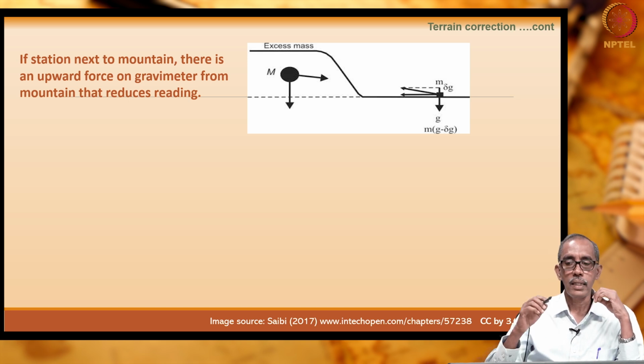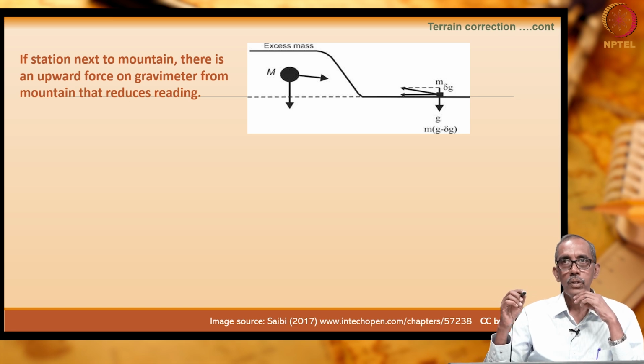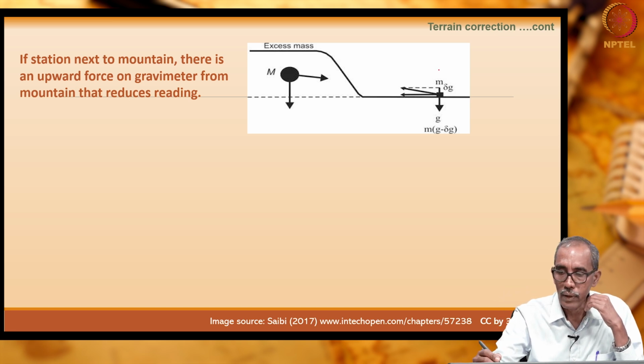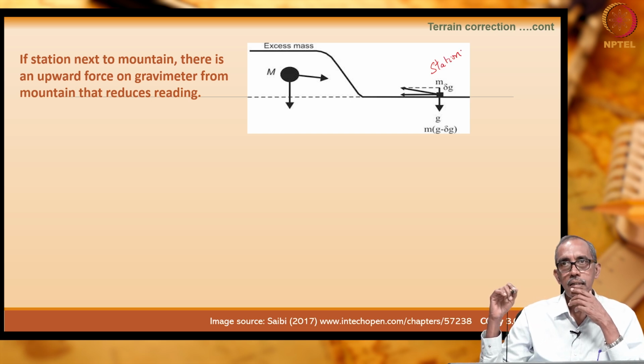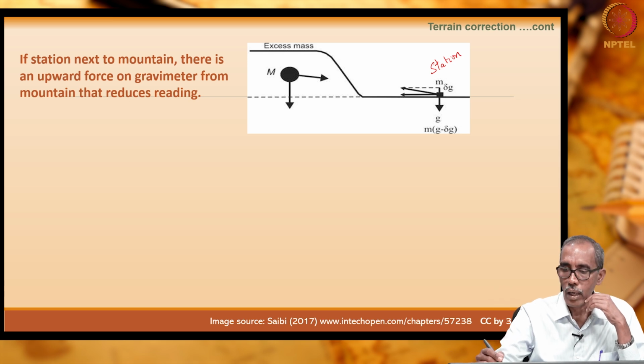Imagine a station is next to a mountain. This is our gravity station, and this is our gravimeter.